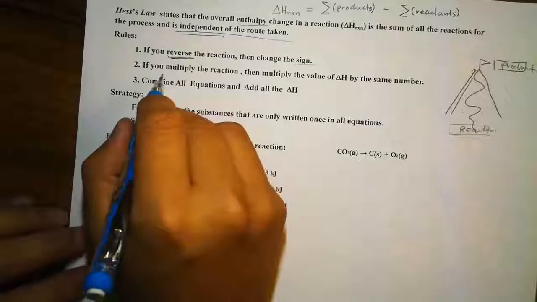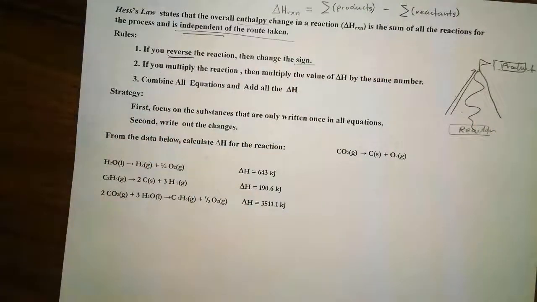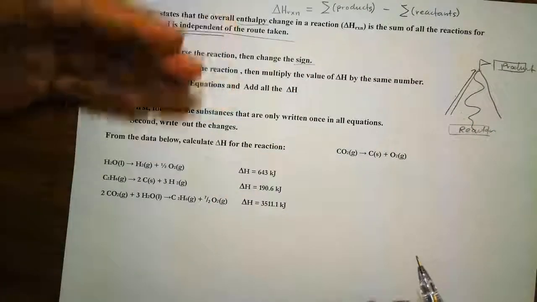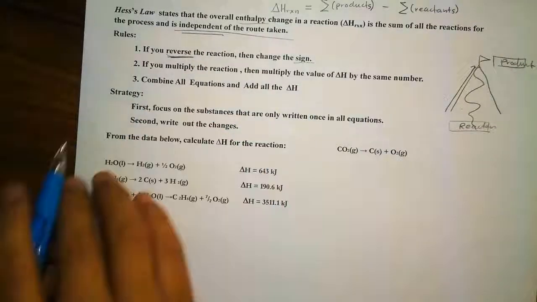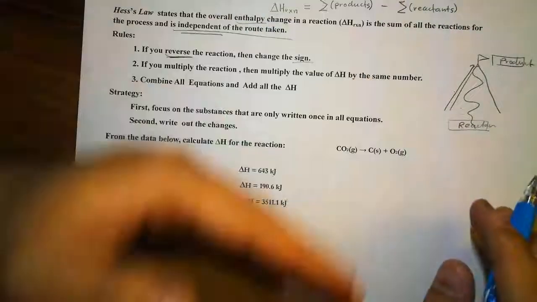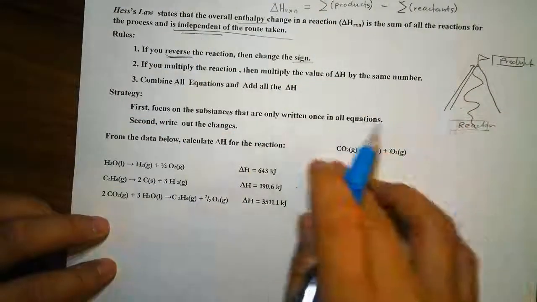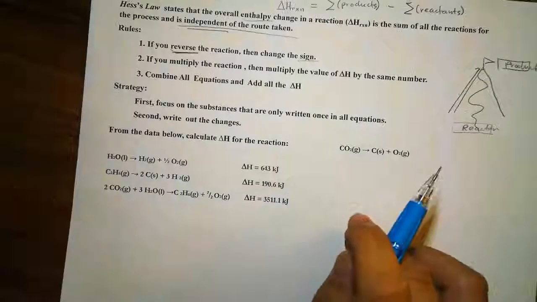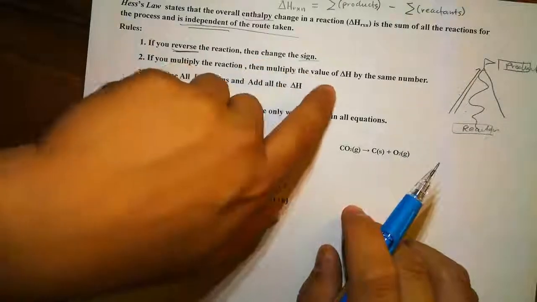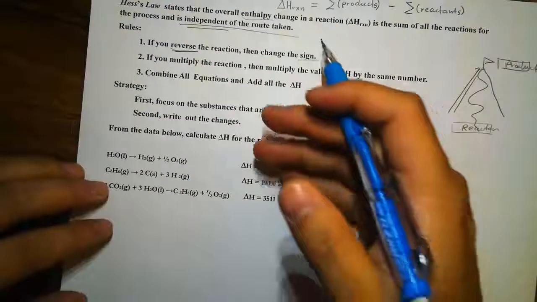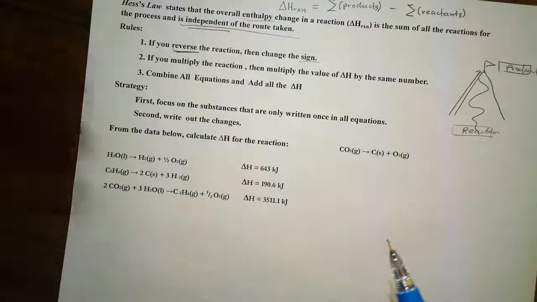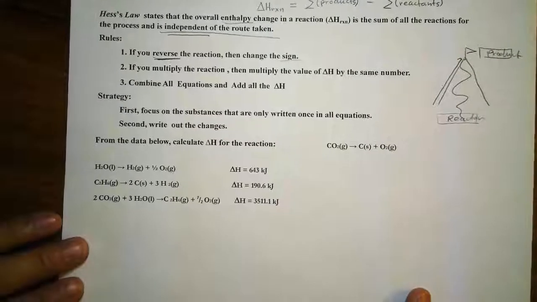Then the other part is that if you multiply the reaction, that means you change the coefficients so that they match the overall equation, then you have to multiply the values of delta H by the same number. And lastly, you just combine all of them together with the new changes of delta H. So that's a lot of information, okay?